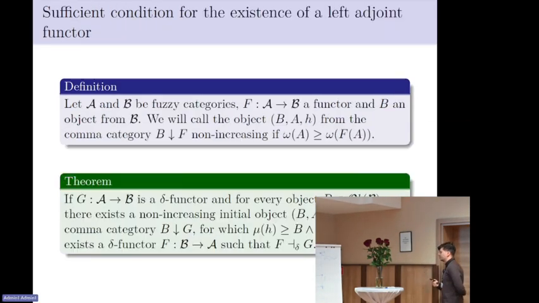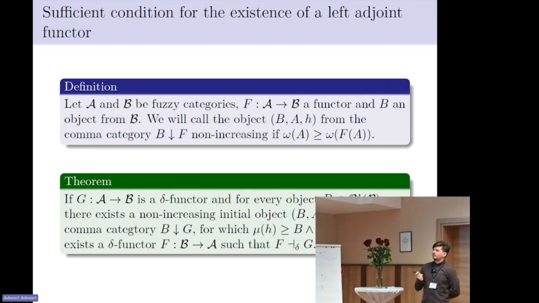Now, a big question about adjoint functors is when can we expect the existence of this pair? And in classical category theory, there's a well-known theorem, the adjoint functor theorem, that gives a sufficient and necessary condition such that a functor admits a left adjoint. Unfortunately, we need to respect the membership degree, so this is only currently a sufficient condition.